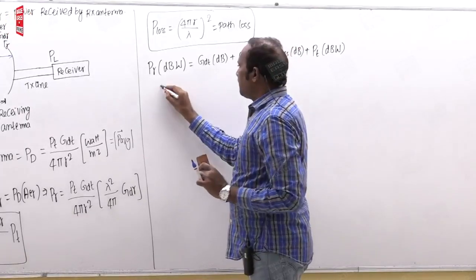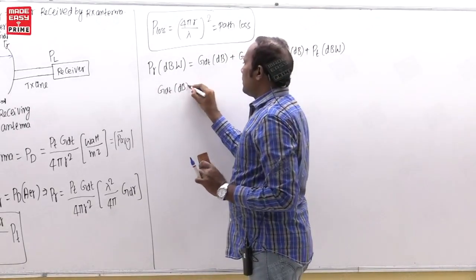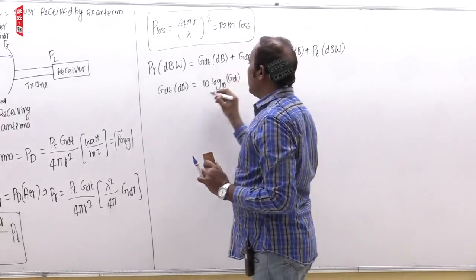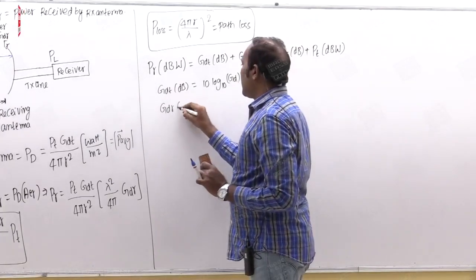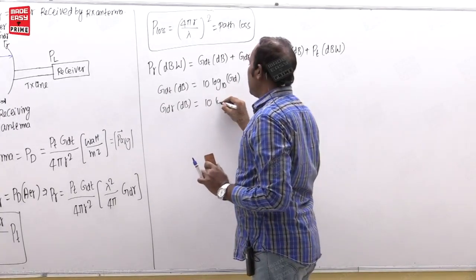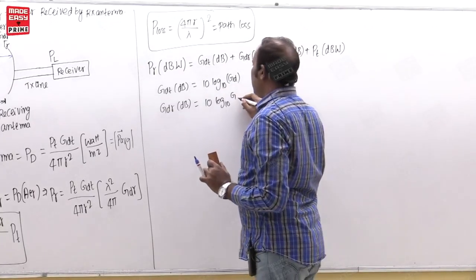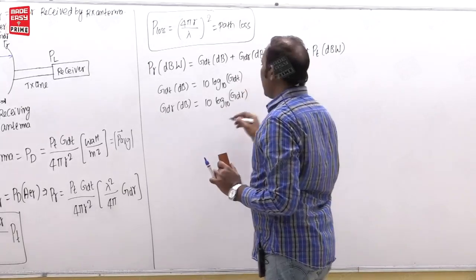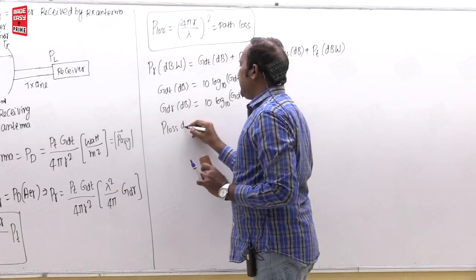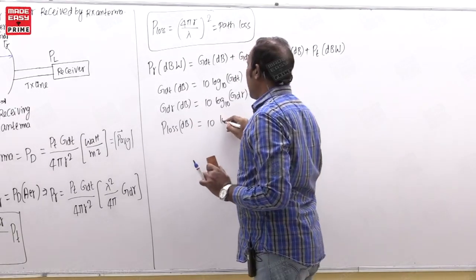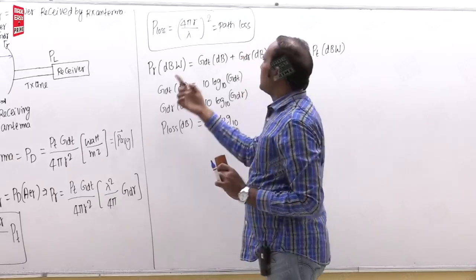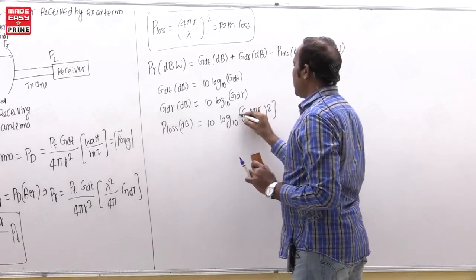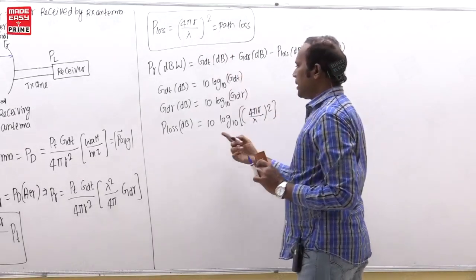Here GDT in decibels means 10 log 10 GDT. Similarly, GDR in decibels is 10 log 10 GDR. Similarly, path loss in dB means 10 log 10 of path loss, which is nothing but (4 pi r by lambda) whole square.